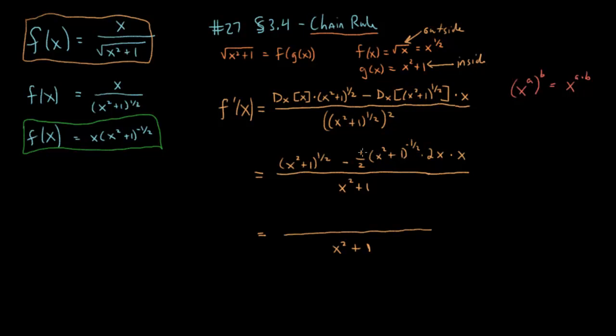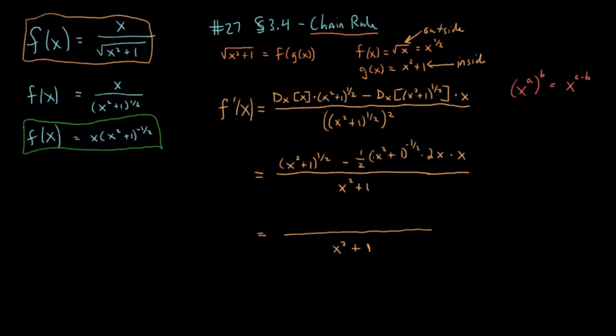Okay. Now we can factor the numerator because we have an x squared plus 1 term right here and an x squared plus 1 term right here. They're raised to different powers, of course, but you can still factor this, and it's kind of weird how it works. Now the question is, what would you want to factor out? Okay, x squared plus 1 raised to what power would you want to factor out?